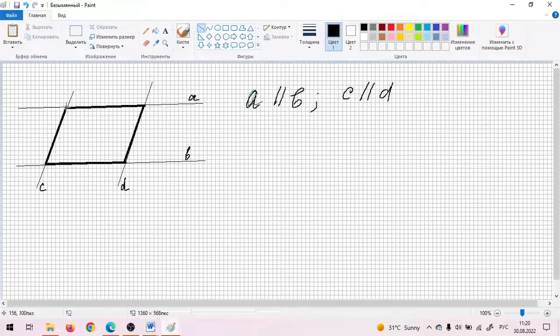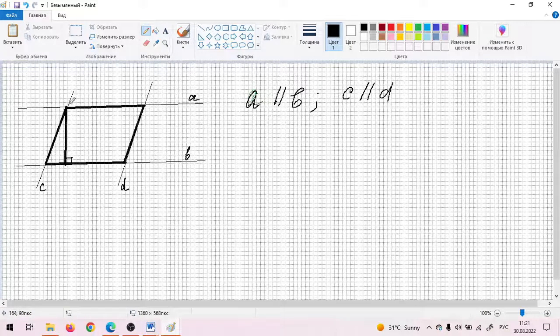We draw the perpendicular from the top point of the angle to the opposite side. Here we put the mark. Yes.